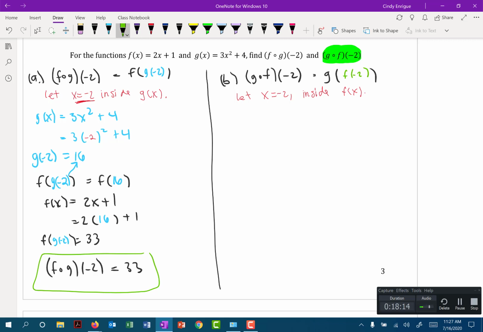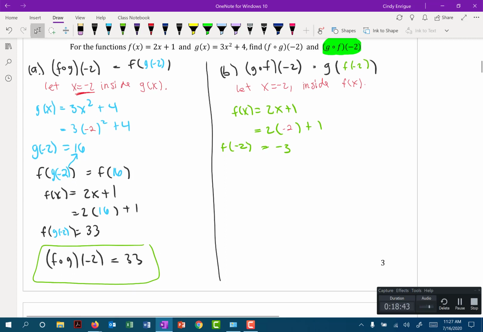So I know that my f function is equal to 2x plus 1. So I'm going to plug in a -2. And when I plug in a -2, I'm going to get 2 times -2 plus 1, which is a -3. So now I know that f of -2 is equal to a -3.